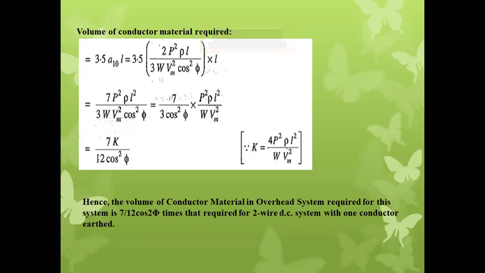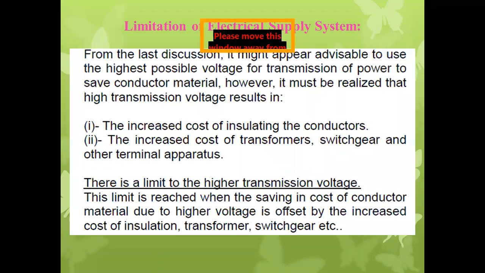So remember this point. In case of a three-phase four-wire AC supply scheme, the volume of conducting material required will be 7 by 12 cos square phi times the volume of conducting material required for the two-wire DC system with one conductor earthed. Remember this point.